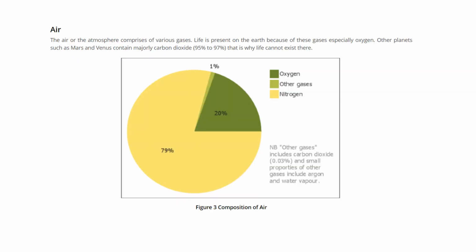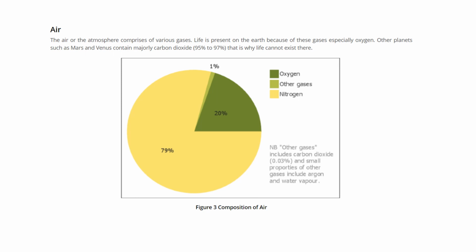So air or the atmosphere comprises various gases like oxygen, carbon dioxide, and nitrogen. Life exists on Earth because of oxygen. Other planets like Mars and Venus contain majorly carbon dioxide. Here you can see in the graph the percentage distribution of all the gases in Earth's atmosphere.